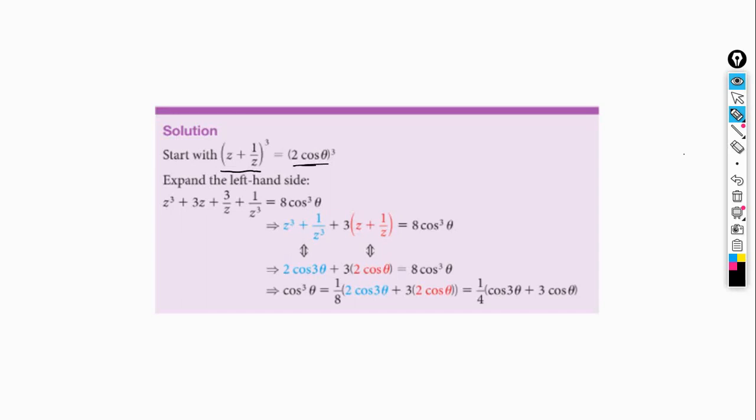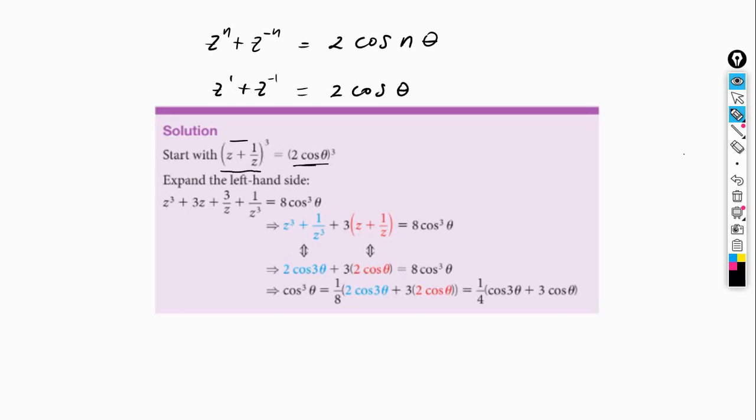Well, remember that we said that z to the power of n plus z to the power of minus n is equal to 2 times cosine of n times theta. So this here is equivalent to z to the 1 plus z to the minus 1. So that's why these expressions are equivalent, because this would simply be 2 times cosine of theta.